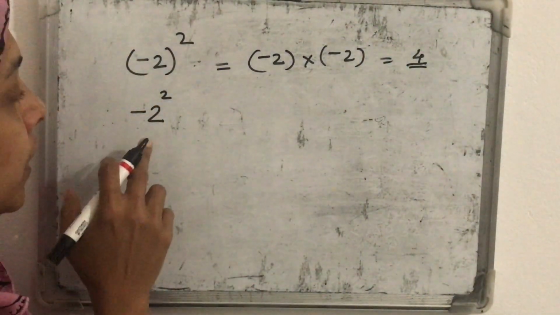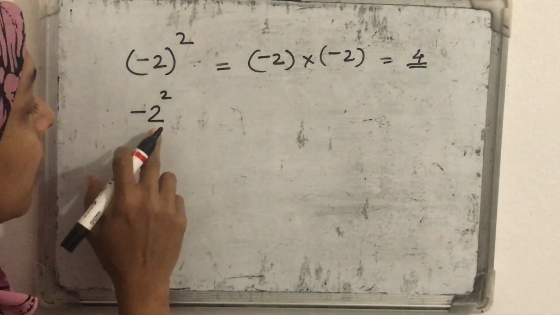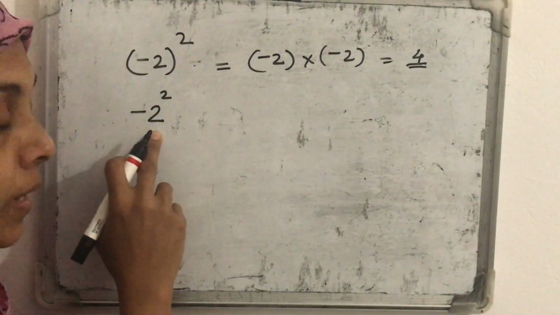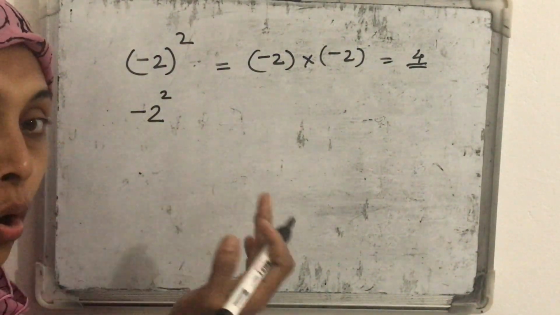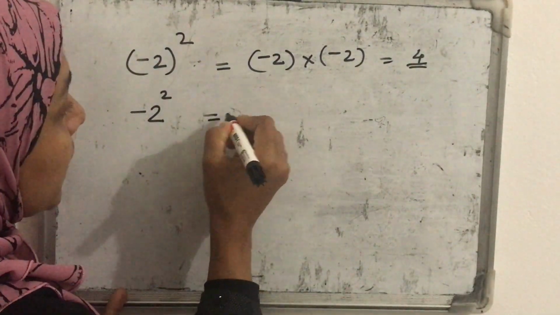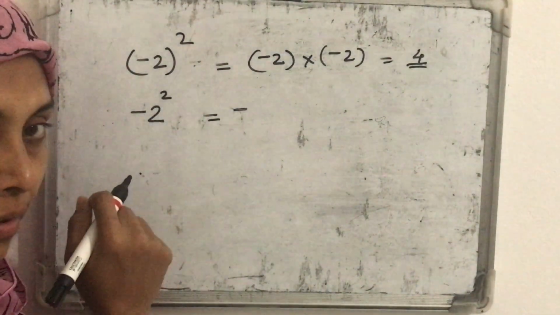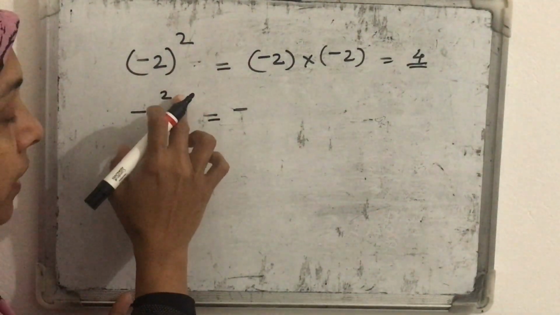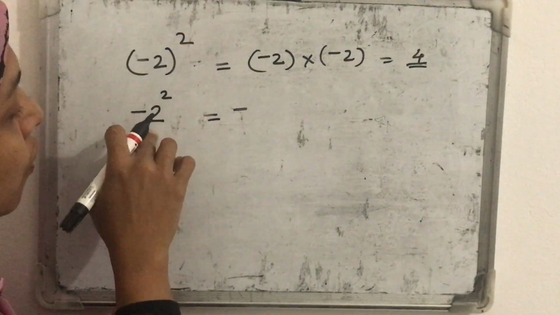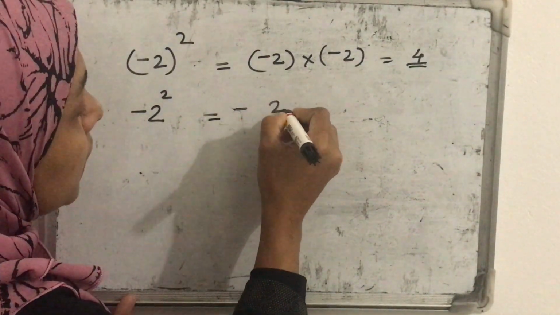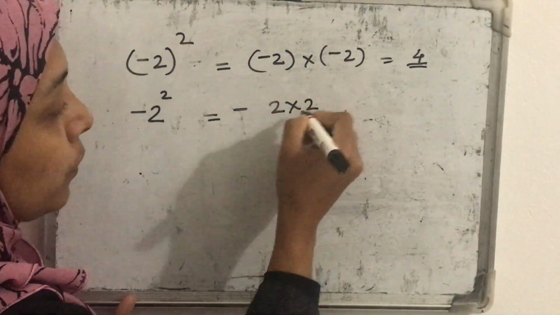Now look here, the power is only for this 2, and there is no bracket. So we can expand it like this: minus is there, then we take 2 squared. This power is only for 2, so it will be minus into 2 into 2.